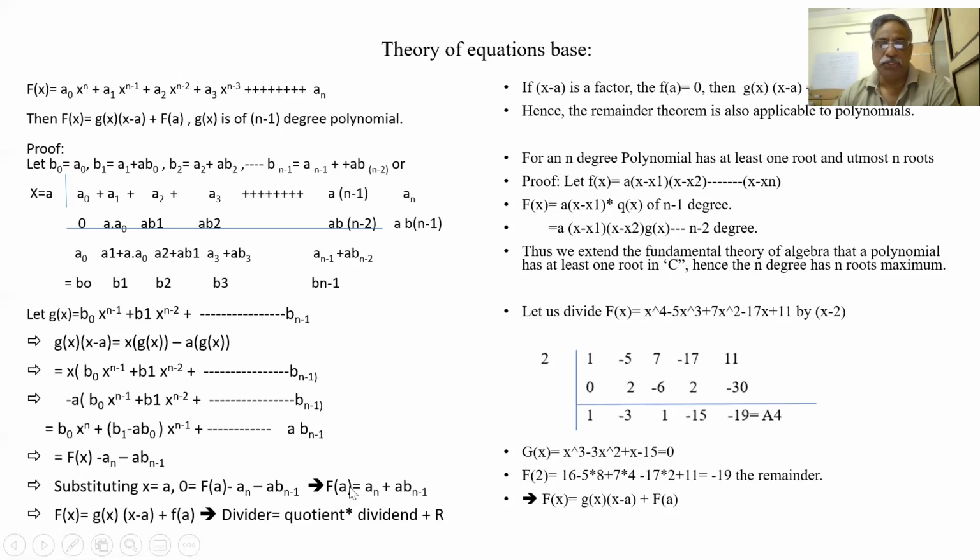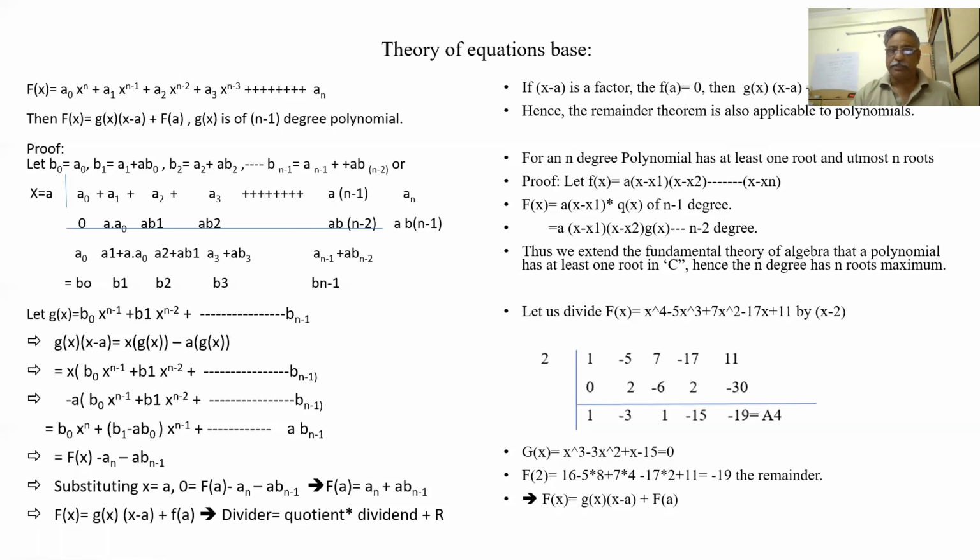And if f of a is 0, then x minus a is a factor of the system, or x equals a is a root of the system. And an n degree polynomial has n roots. This can be in complex numbers. What is a complex number? There is an x-axis and y-axis. Along the x-axis, we have real numbers. But if we go into the y-axis also, x plus iy, we have a complex number.